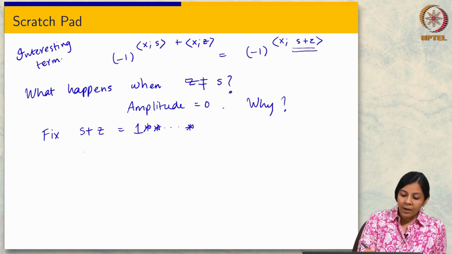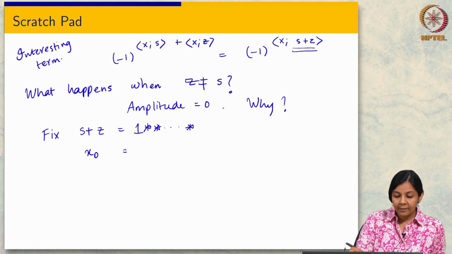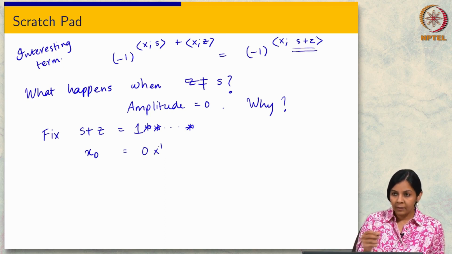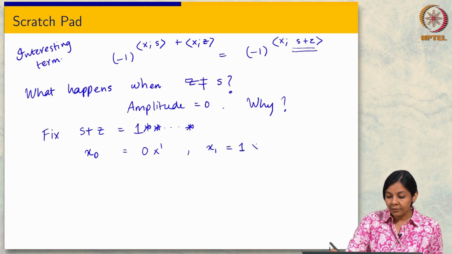Now consider some x, let me consider an x0, which is 0 followed by some string, I will call that x prime, and let me consider x1 which is 1 followed by x prime.